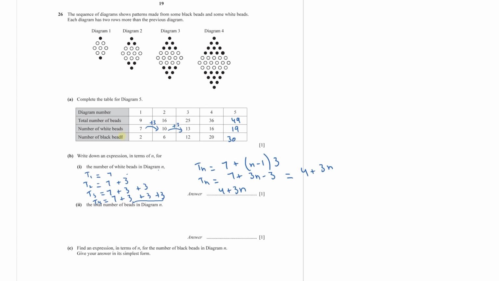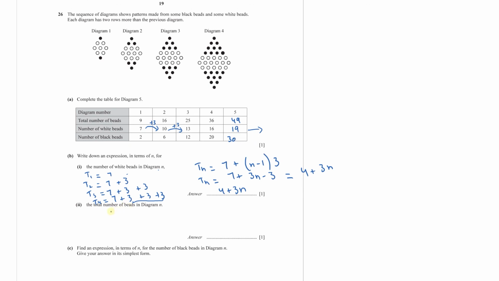So the total number of beads in diagram n is given by this. If you have found the expression for this already, you know Tn is this. Let me do this the other way.